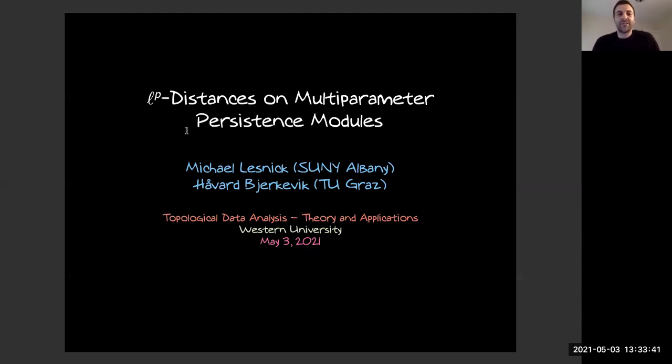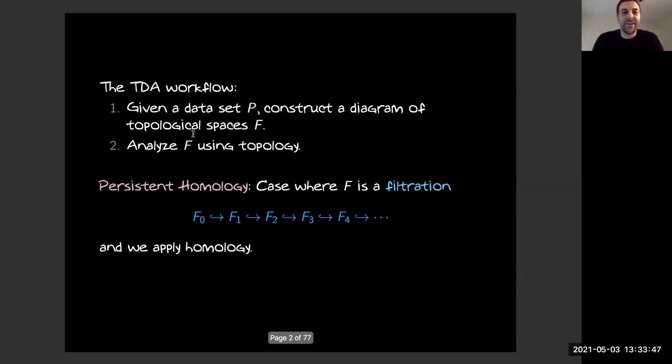Anyway, we're going to be talking today about LP distances on multi-parameter persistence modules, and I'd like to start from the very beginning, in a sense, and just talk about what TDA is. So to me, TDA is the following.